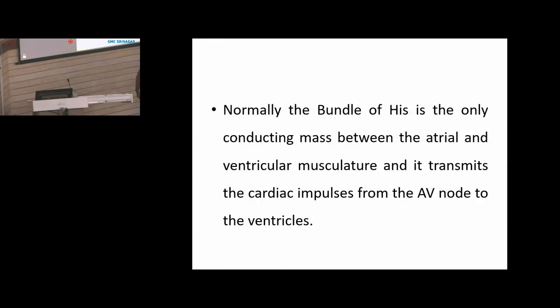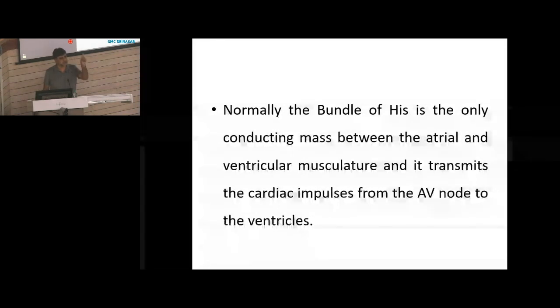is some specialized pathway. So that specialized pathway is provided by bundle of His or AV bundle, which penetrates this non-conducting tissue. So what I mean to say is that impulses generated by SA node can reach the ventricles only through atrioventricular bundle or bundle of His.